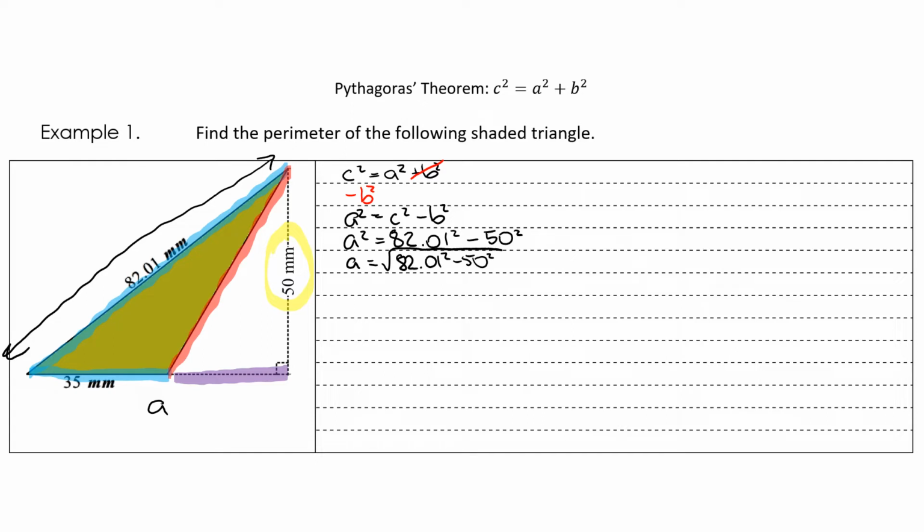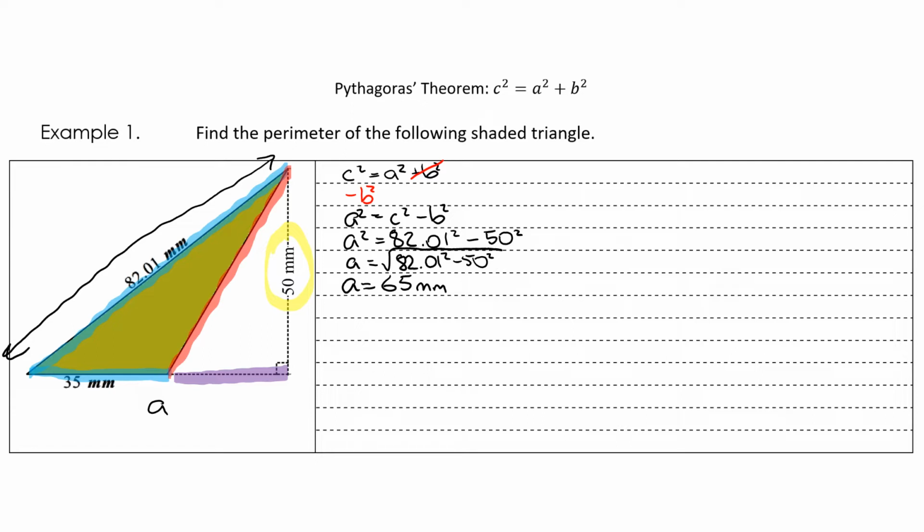All right, so I'm going to have to grab a calculator and pop that in. Okay, so I've put that in the calculator and I get A is approximately 65, because it's 65.004. So we'll round it to 2 decimal places, which would be 65.00. So A equals 65 millimeters.